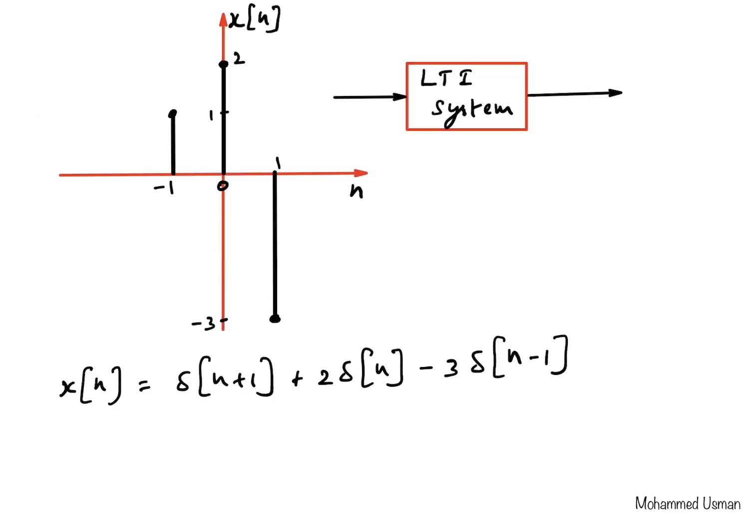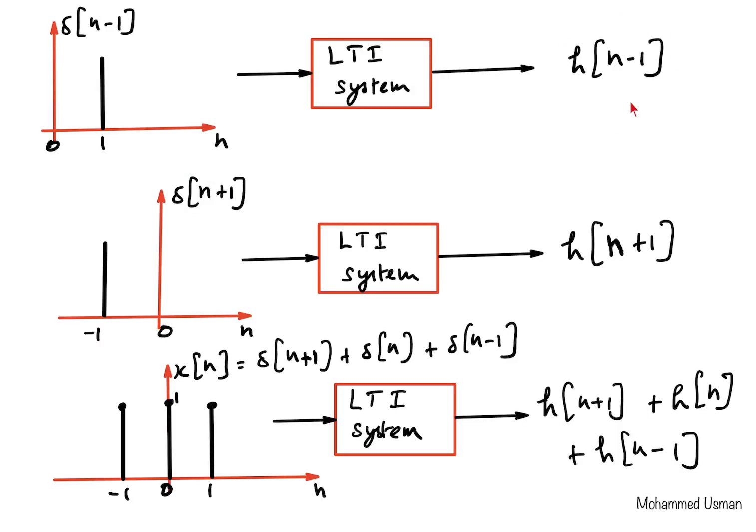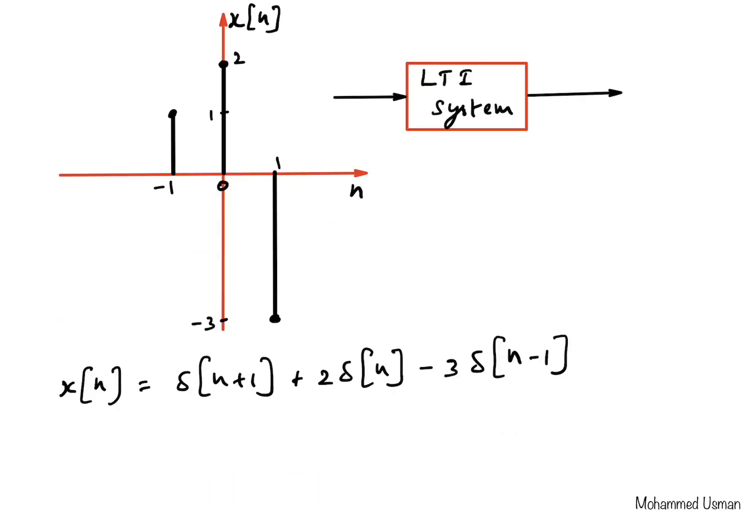Therefore the output will also be a shifted and scaled version of the individual original outputs, right? So the output y of n in this case will be a linear combination of the original outputs shifted and scaled by the same amount.